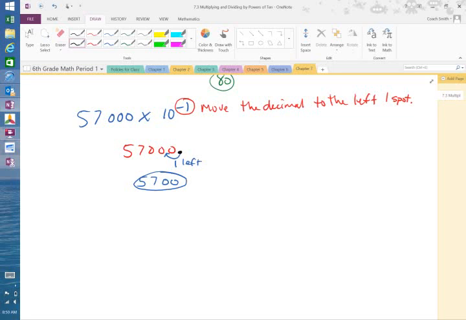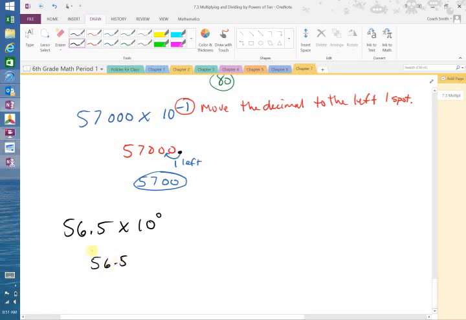So the last two examples I want to do. 56.5 times 10 to the 0 power. So how many places am I going to move the decimal? None. So my answer is 56.5.